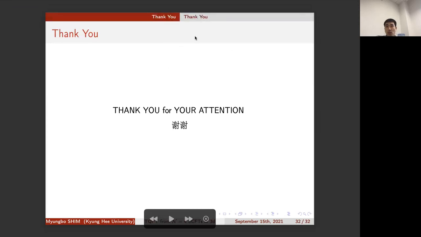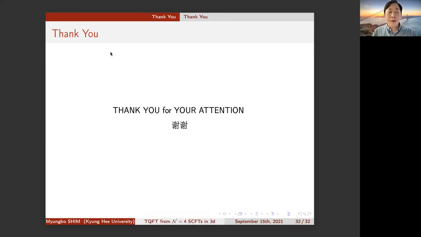There is a question in chat from Ken Kikuchi: How did you fix the overall sign of the S-matrix? Actually, the overall sign is the remaining problem to address.